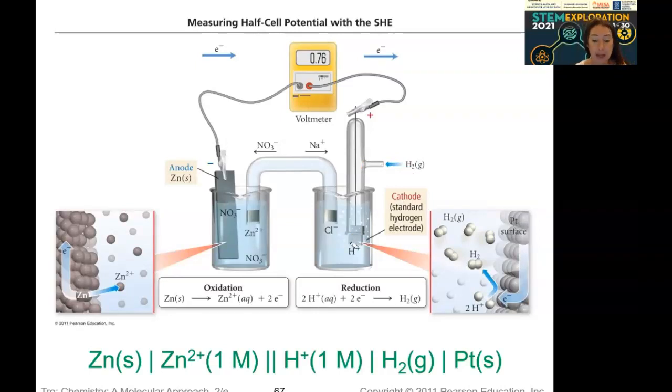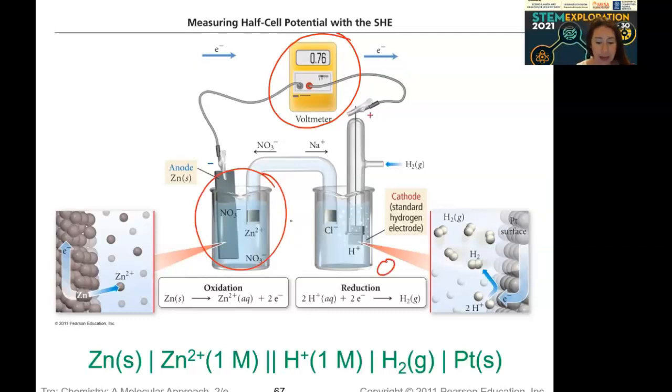That means that any potential difference is the result of this reaction, because we're defining this one as a 0. So that means that our reduction potential of our zinc is 0.76, right?